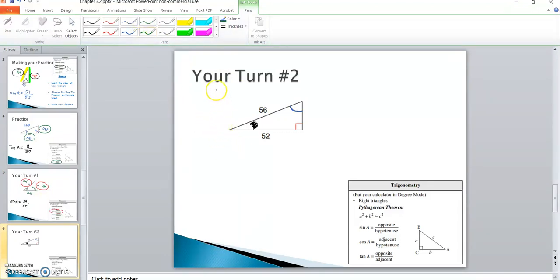Alright, so if I label my triangle, I'm going to draw an arrow to the hypotenuse. Now here was a bit of a trick because the other side that this angle touches is over here now, which is my adjacent. And the last one is my opposite.